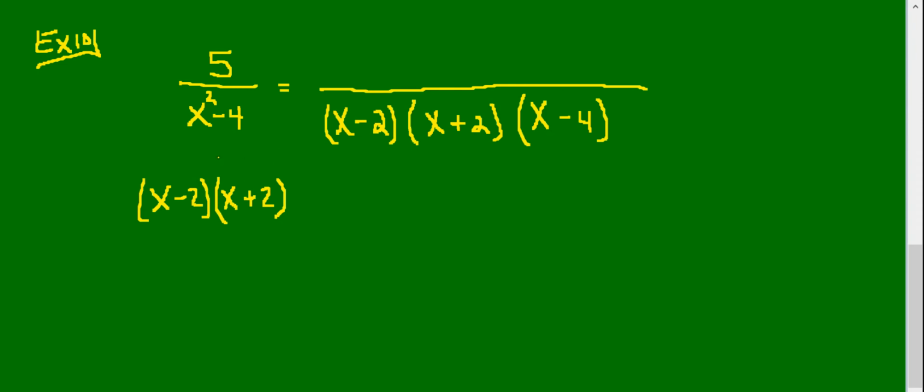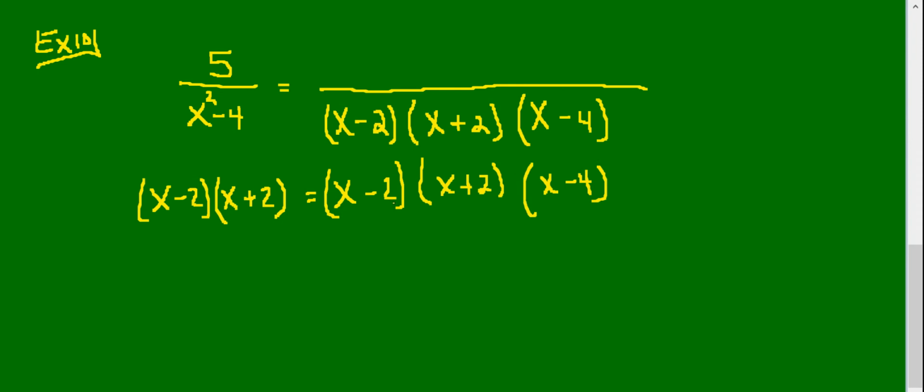Okay, so here's what I've got now. This is my new denominator, and here's the other denominator. So what do you have to do to make them the same? I think I'll do it like this: x plus 2, and then x minus 4. It looks like I'm just missing the x minus 4.